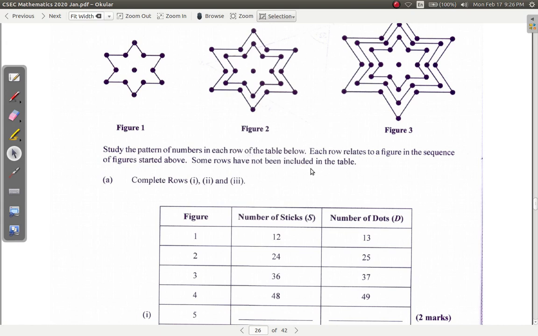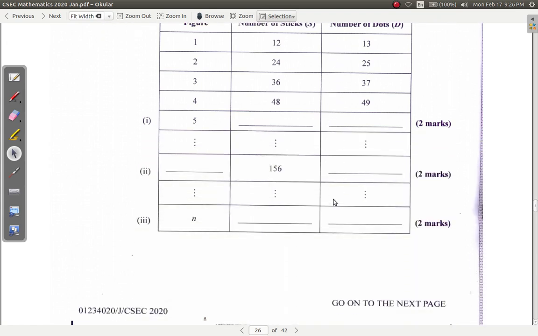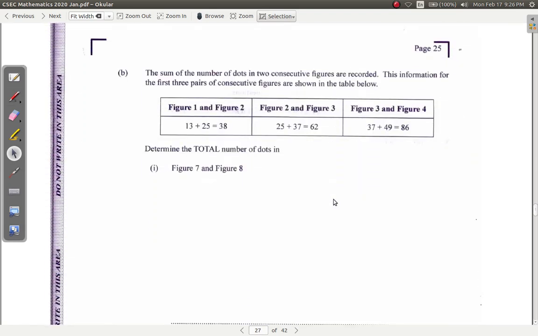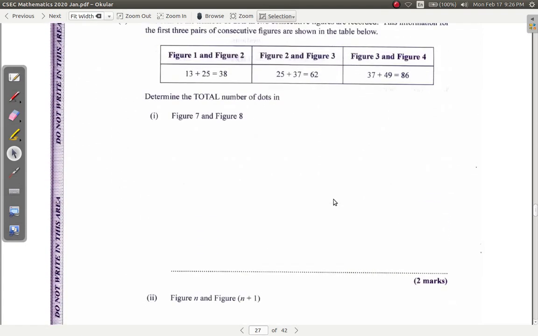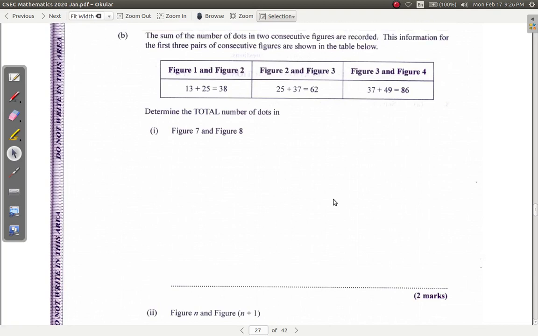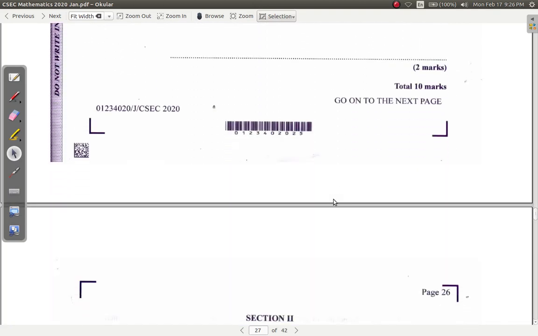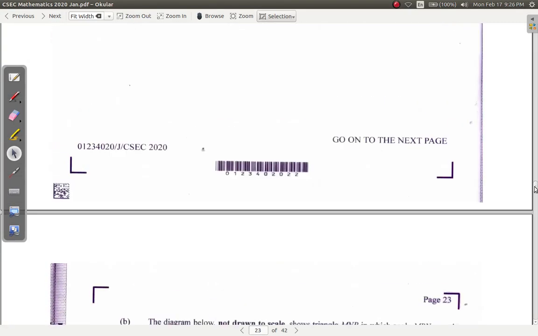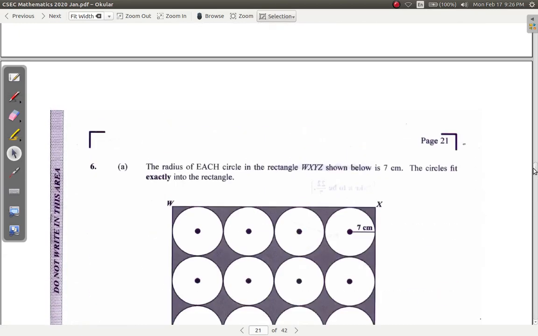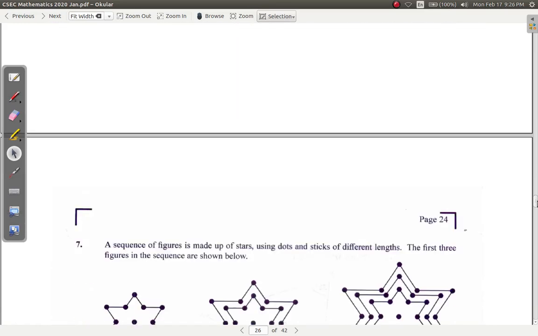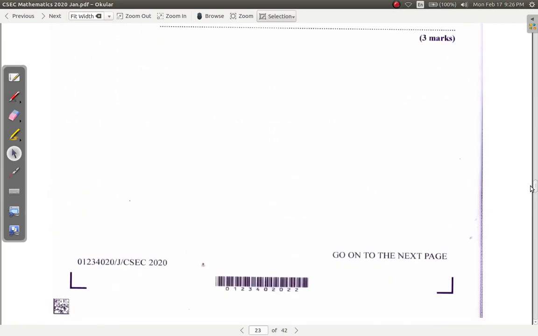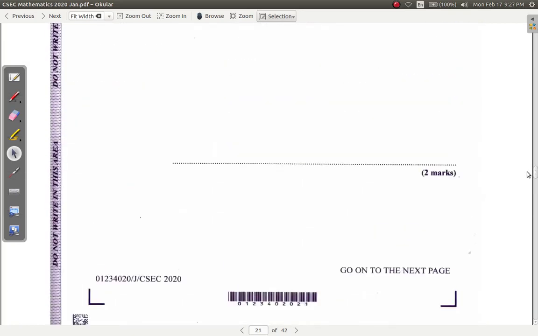Some rows have not been included in the table, so you must fill in the missing rows and you must come up with some formula. Determine the total number of dots. Okay, determine the total number of dots. So that was question 7. Let's see what question 6 is saying.